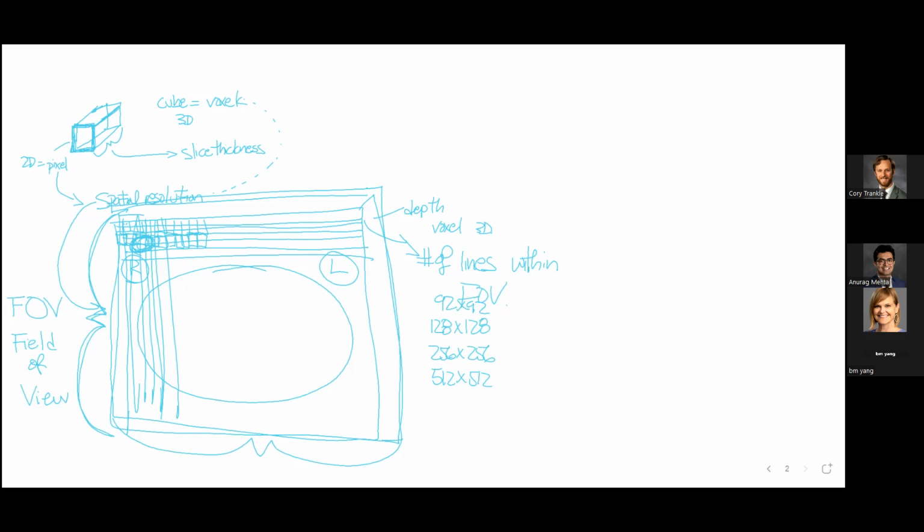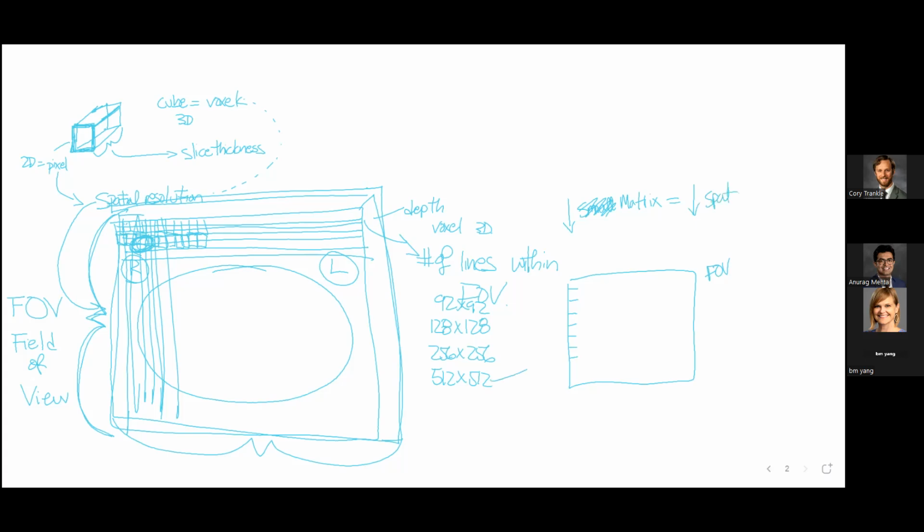But what you're doing is you're taking your field of view and you're dividing it. And we're going to stick maybe 90 lines in here, so they're going to be far apart. So a small matrix, or let's call it low, a low matrix equals a low spatial resolution.